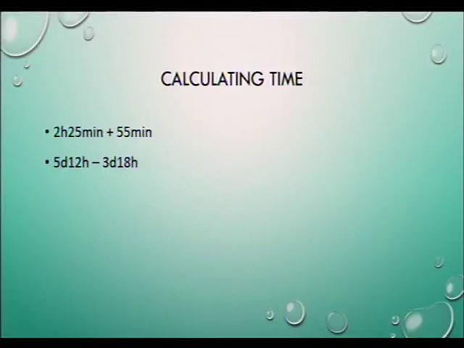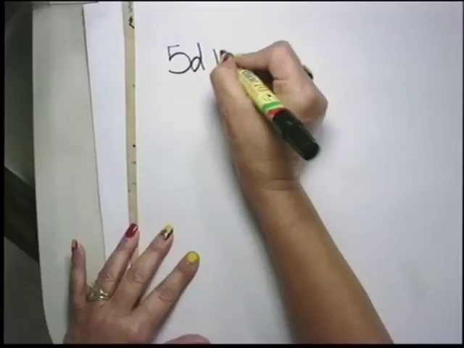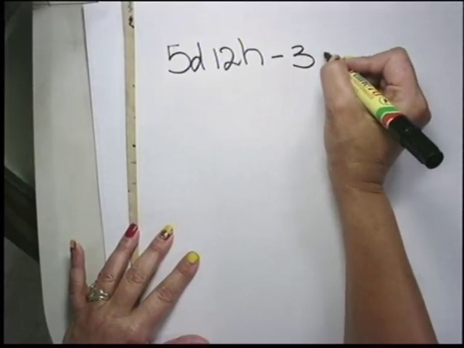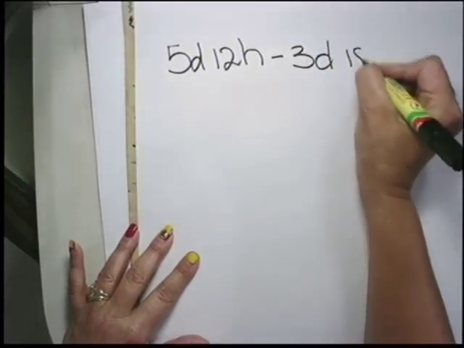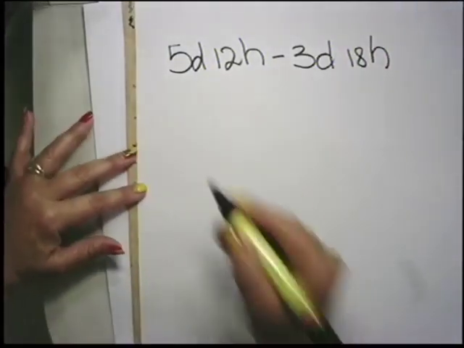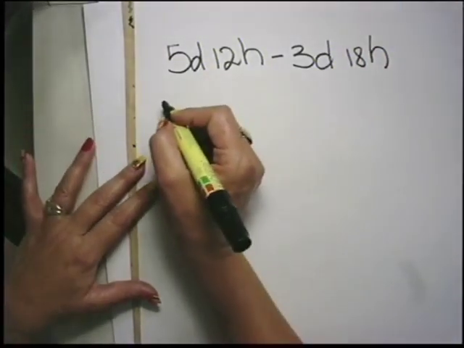Another calculation of time. 5 days, 12 hours minus 3 days, 18 hours. Alright.